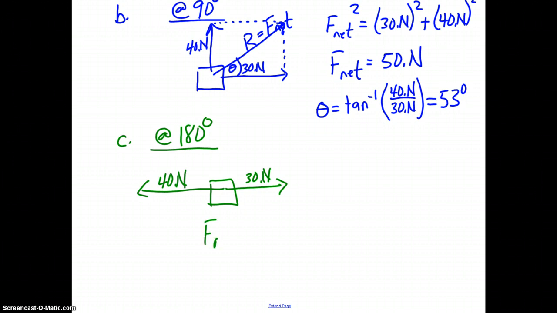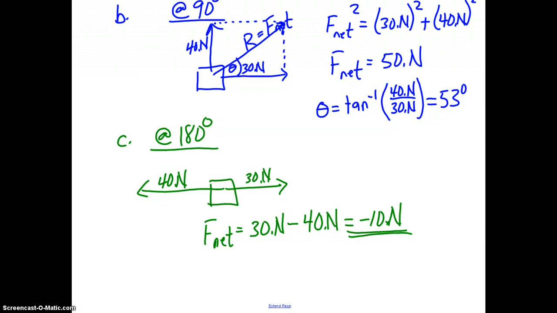And so the net force would simply be 30 newtons minus 40 newtons. So to the right is positive, to the left is negative in this particular diagram. This would give us, of course, negative 10 newtons, just meaning that it's in the direction of the 40 Newton force. Okay?